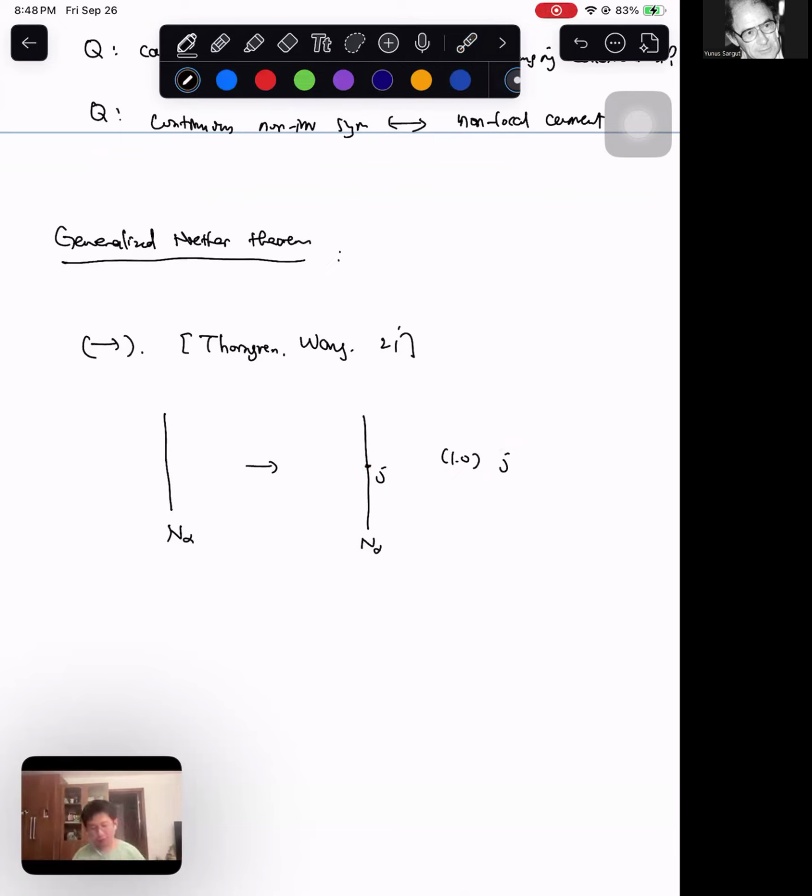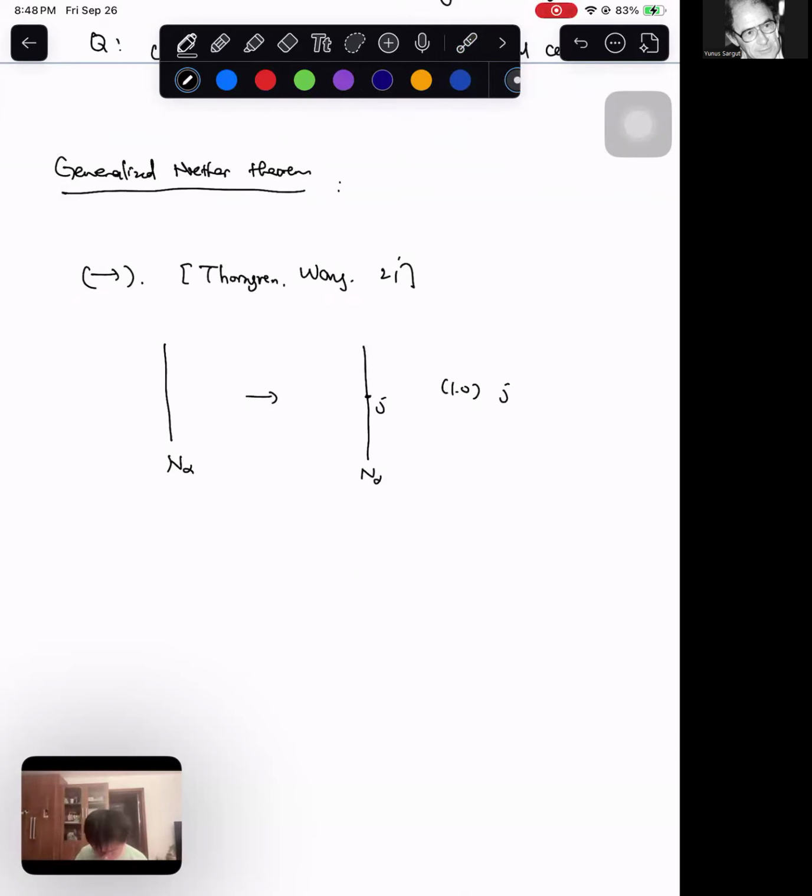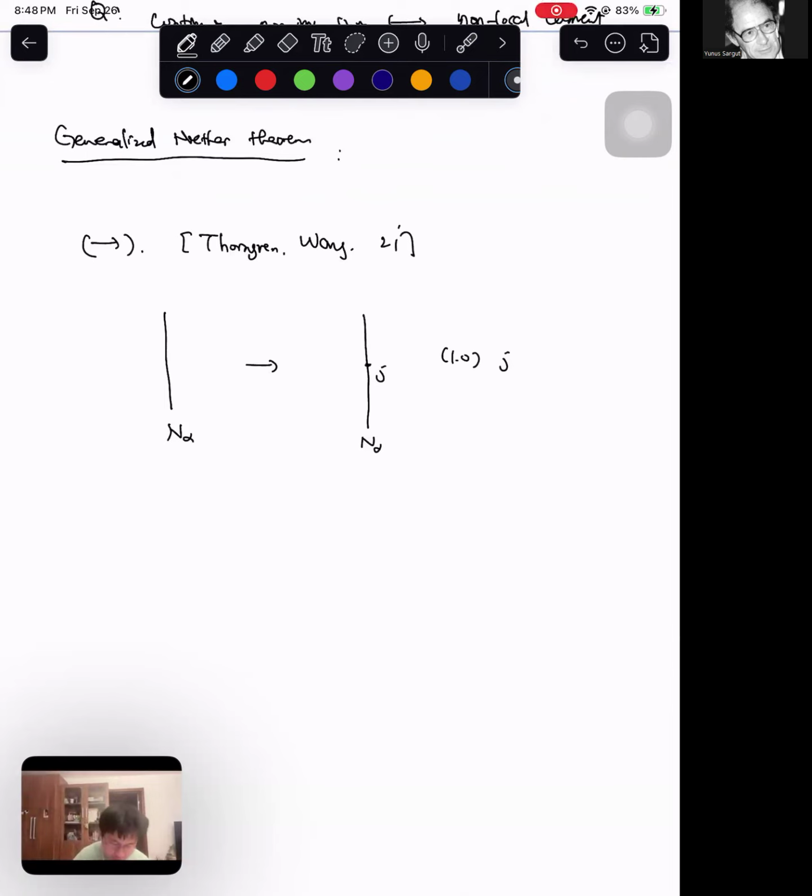Now, we haven't used any information so far about the invertibility of this topological line. So how do we see whether the non-invertible property comes into play? In order to see that, we can fold N alpha along the locus of the J. Once we fold it, we can first fuse this middle part.